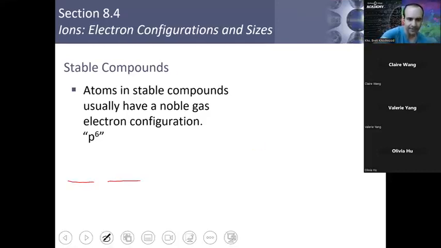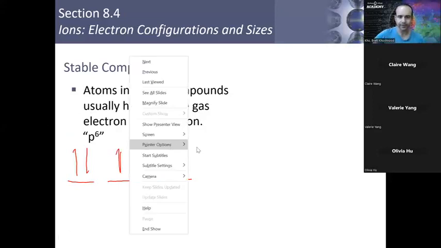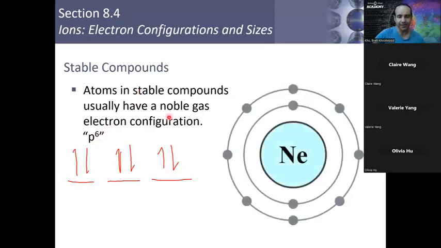We've got our free spaces, and we're going to fill up this first space, and the second space, and the third space. So if all of those are filled up, we'll have a P6 formed, which means we've got 8 valence electrons on the outside.